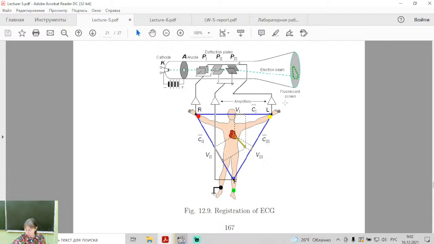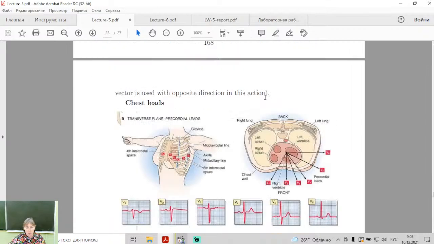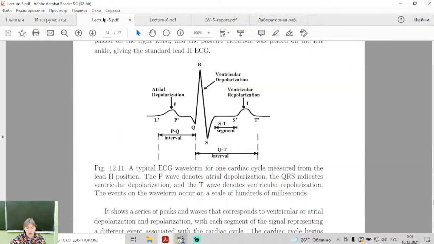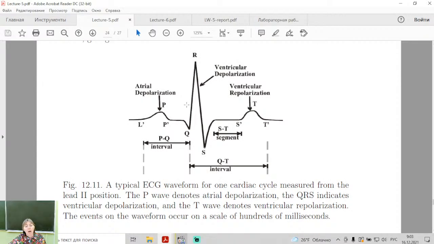And it looks like this. And in laboratory work number 10, we use a cardiograph, measure the ECG waveform and calculate it.